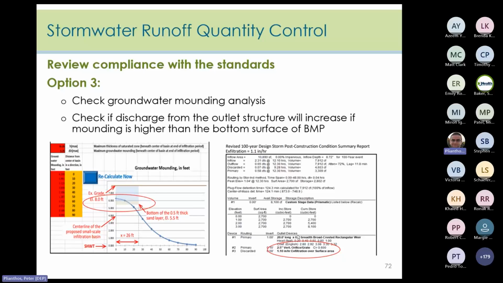If this is the case, the routing calculations must also be adjusted to reflect this new, lower exfiltration rate. The primary peak flow rate will then need to be rechecked. And if the peak flow rate is too large, the basin size and/or outlets will need to be adjusted. The point being, it can be a very iterative process to get the mounding and the routing to work.